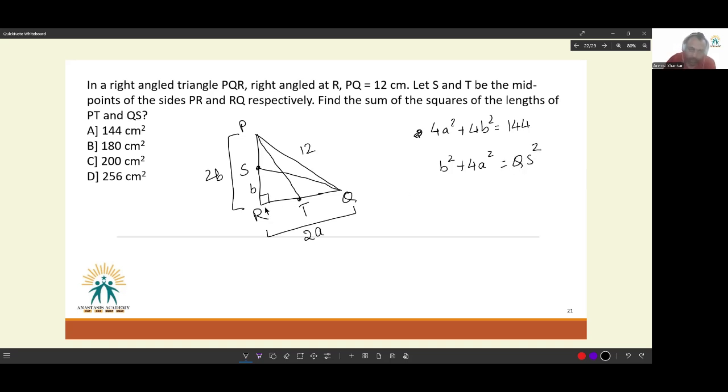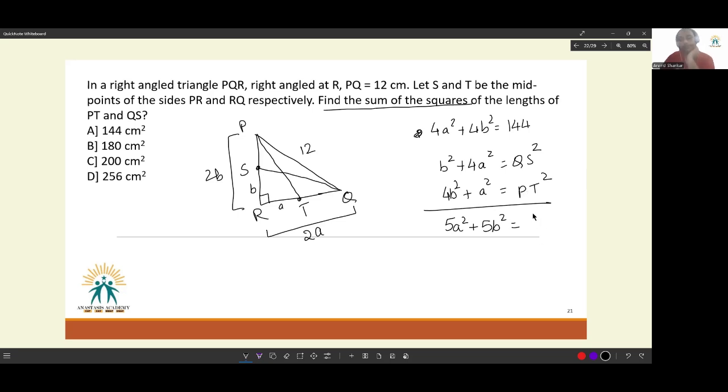And for PT square, it is a square plus 4b square. This is equal to PT square. Finally, what we were expecting to find was the sum of squares of lengths of PT and QS. So if I add it up, I will get 5a square plus 5b square is what we are seeking.